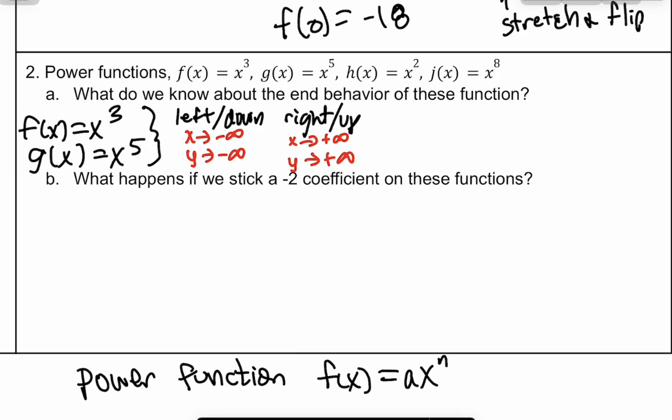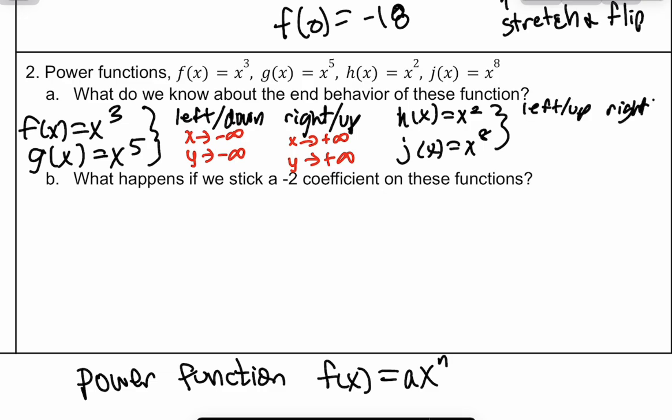The ones that go together also are h of x and j of x. Those are both even degree polynomials. Both ends, like a quadratic, point upward. So the left is going to go up, the right is going to go up.